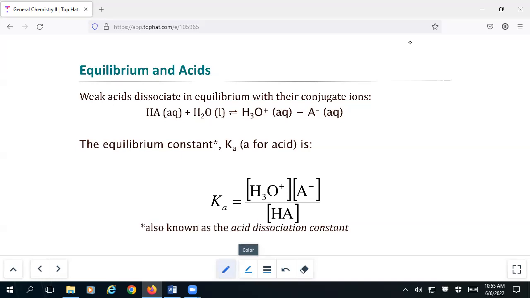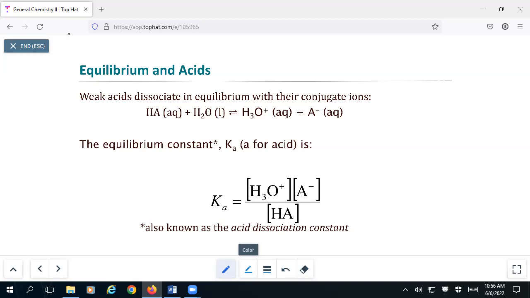Now, we've already discussed a little bit about this idea of acid equilibrium. It's one of the things that we ended with our discussion on Friday. This idea that acids are capable of dissociating, breaking into parts, and those parts are in equilibrium with each other.